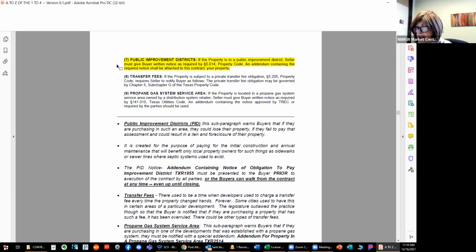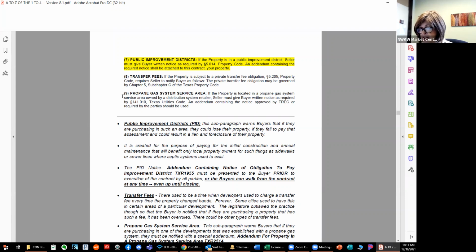An addendum containing the required notice shall be attached to this contract on the property. This doesn't sound right, but anyway, that's about PIDs. And I also have an attachment in the paperwork that I sent you about PIDs, and it does list some of the PID neighborhoods. So that should be helpful to you as well.